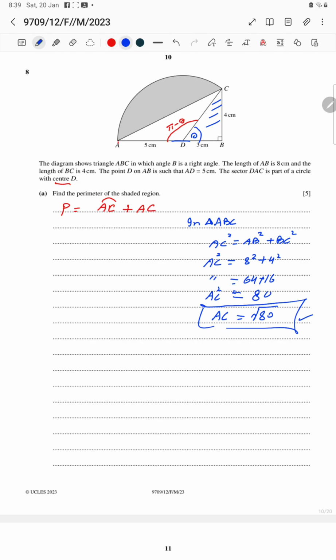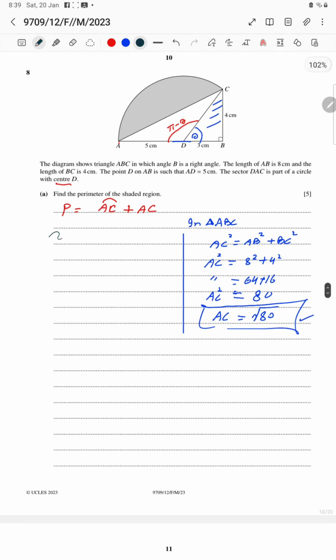So here what to do, I will write in right triangle DBC, I can apply tan theta. Tan theta is equal to perpendicular upon base.